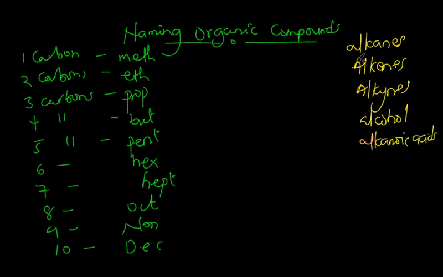Okay, now I said these ones have carbon single bonds, this one carbon double bonds, this one carbon triple bonds, these ones have OH, and then these ones have COOH.